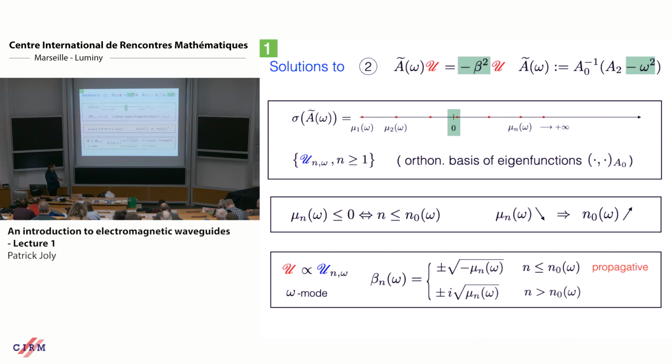But for the infinity of positive eigenvalues, the beta n must be imaginary. This is the reason why the modes are called evanescent, because they are decreasing exponentially in one of the two directions. Okay.